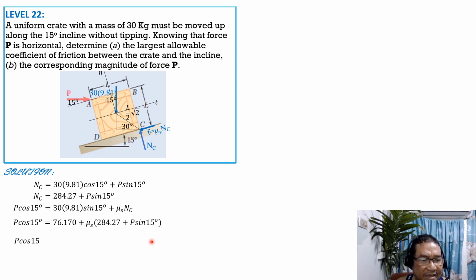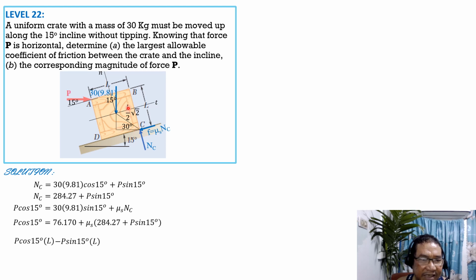Combining like terms, so P cosine of 15 degrees times L, so we sum up moment about point C equals 0. So the tangential component of P is P cosine 15 degrees, and the moment arm is L. Then minus P sine of 15 degrees, the moment arm is also L. Then equals 30 times 9.81 times this distance.